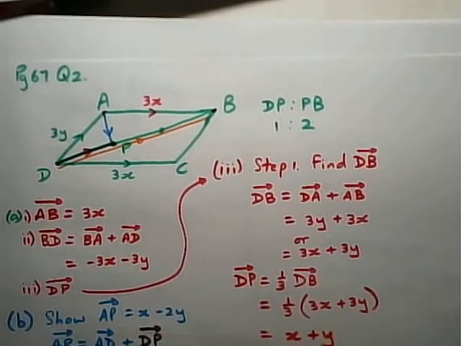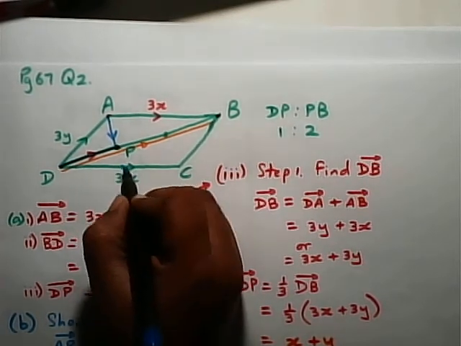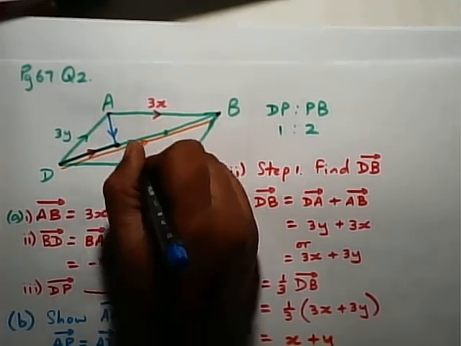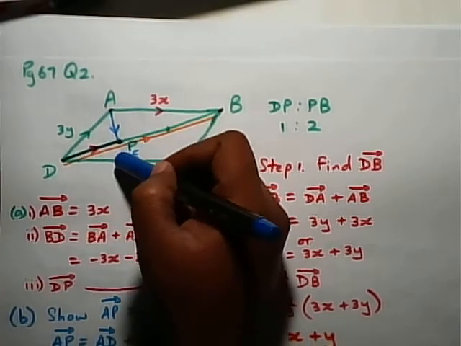Now you're given that E is the midpoint of DC. Let's put the E here. Prove that A, P, E are collinear.